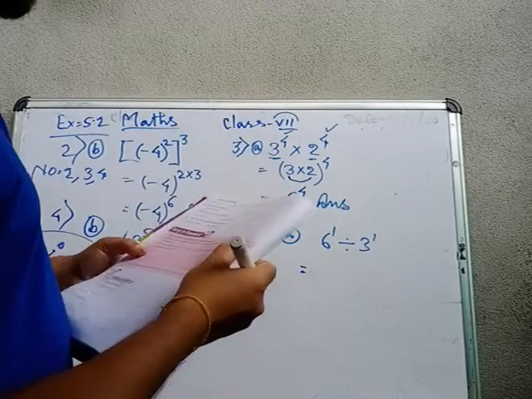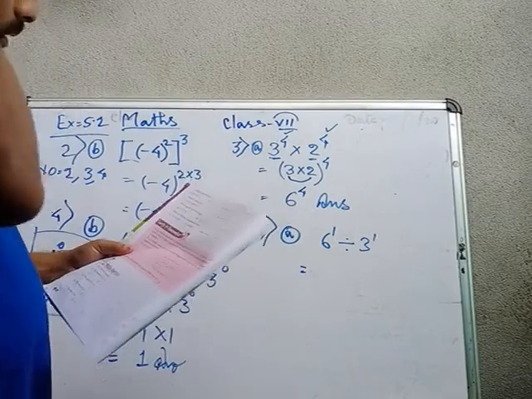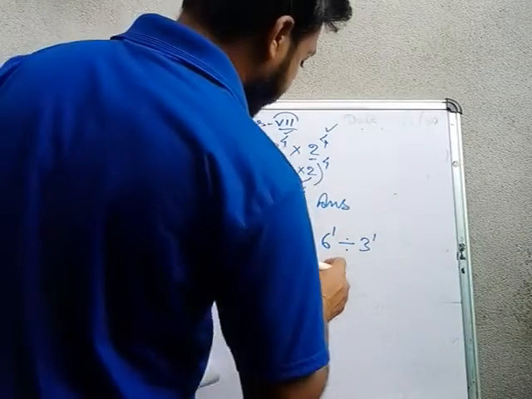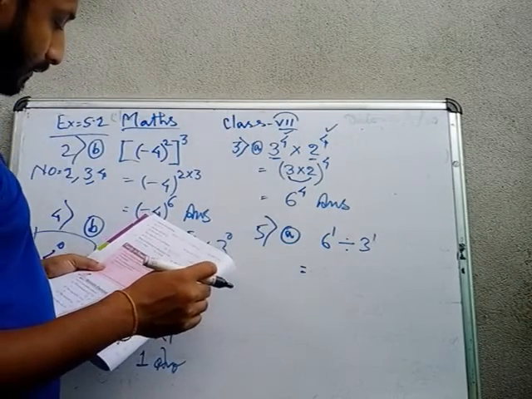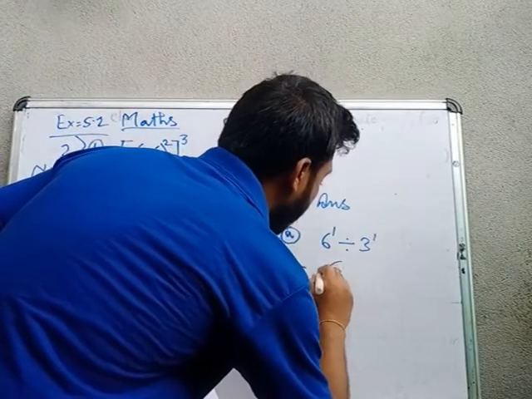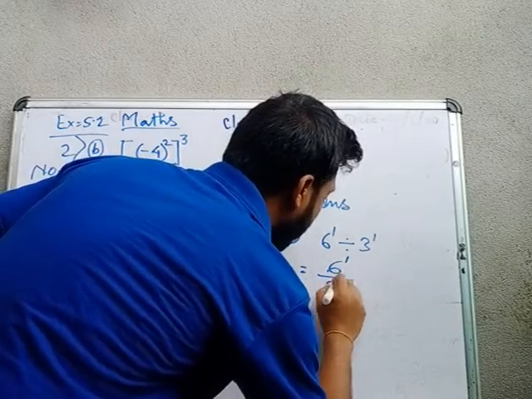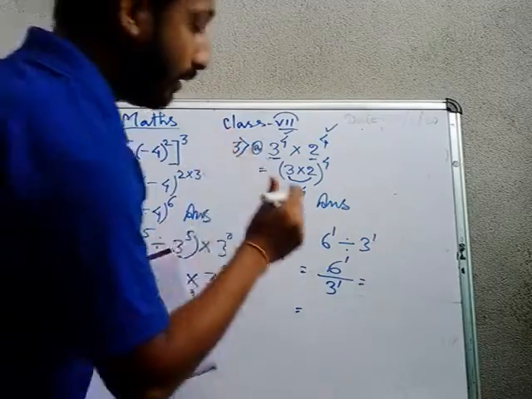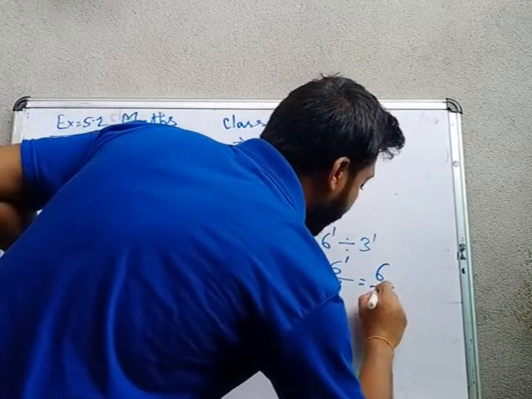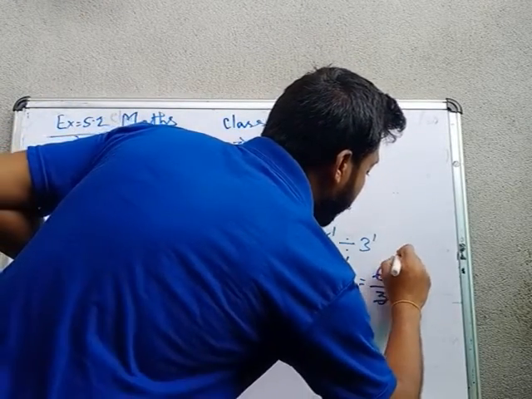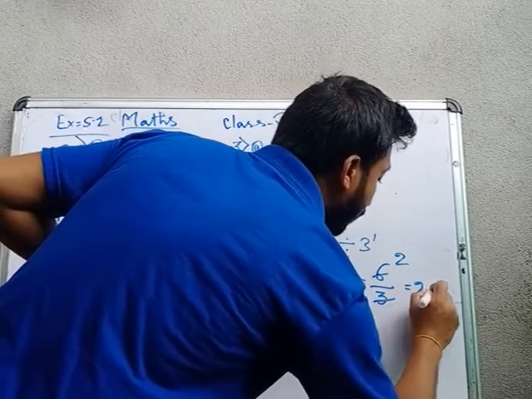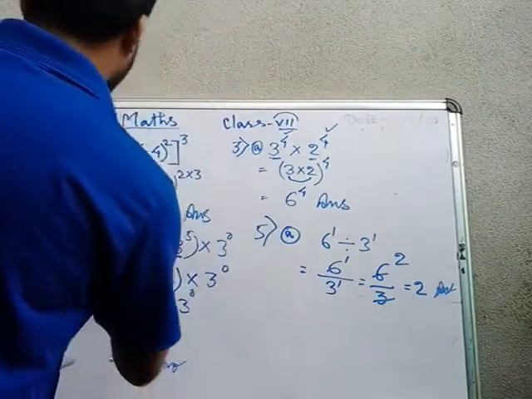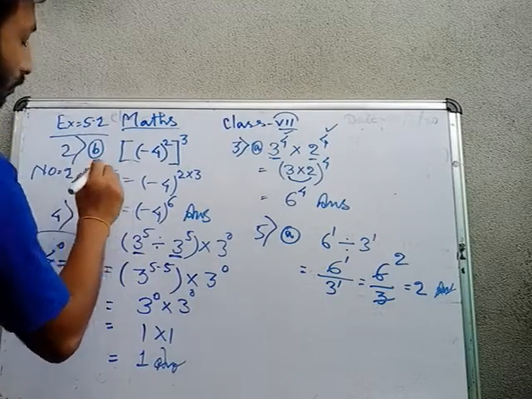Okay. At first I will convert it into the same number. If the power of 6 is 1, on that time it will be also 6, and here also 3. 3 times 2 is 6, so 2 is the answer. Then number 5 also your homework.